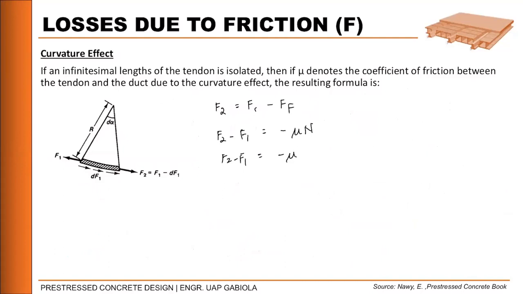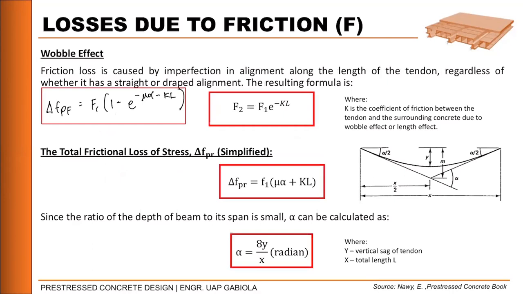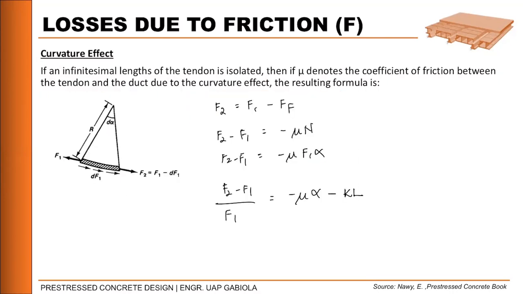Equal siya sa negative mu F1 times alpha natin. So, meron tayong value na F2 minus F1 all over F1 is equals to negative mu alpha. And then, kung yung total yan, kasama yung sa wobble effect, minus K times L lang tayo. So, ito yung formula para sa simplified version.